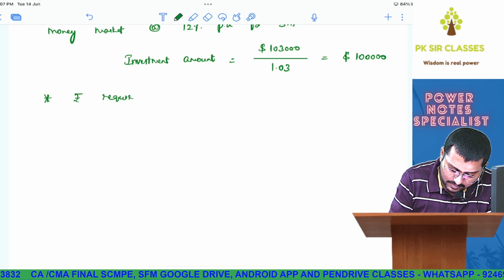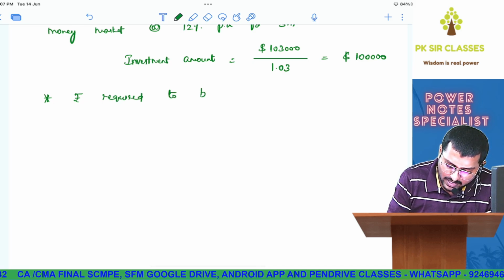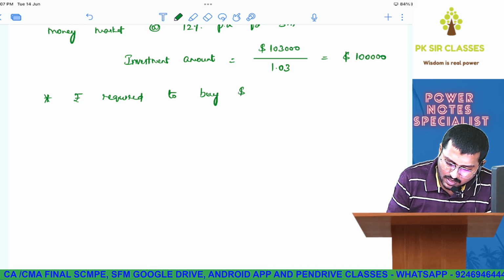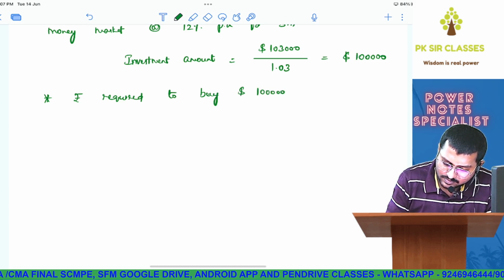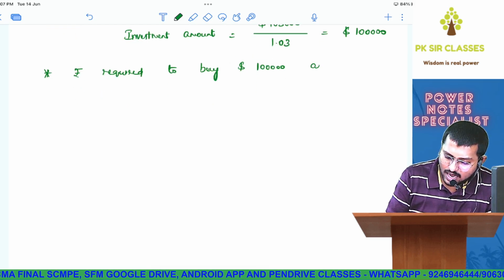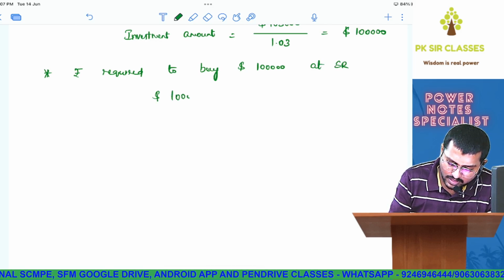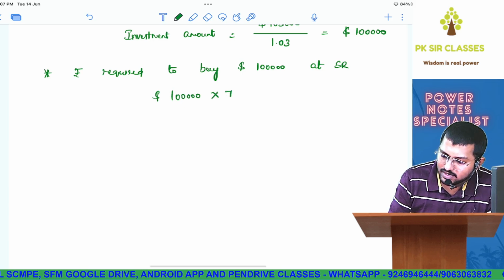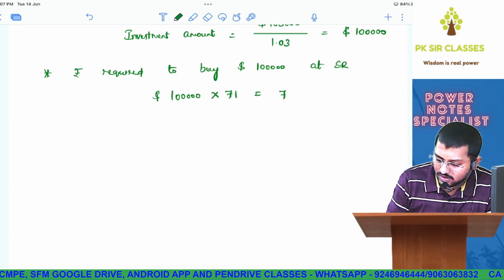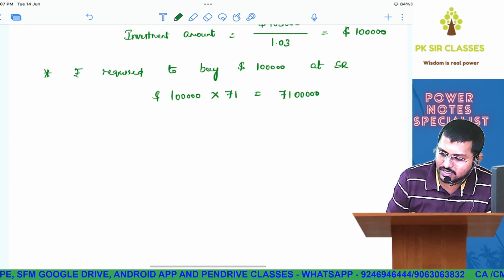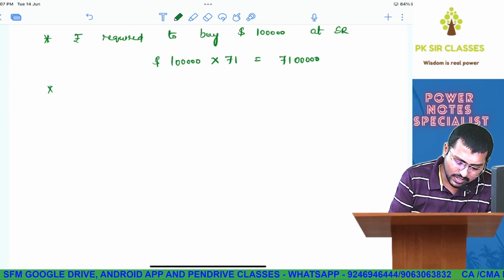Rupees required to buy $100,000. At what rate I'll be buying? Spot rate, because today itself I'll buy. Spot rate 71. So 71 lakhs is the rupee that I want. Where will I get this 71 lakhs?